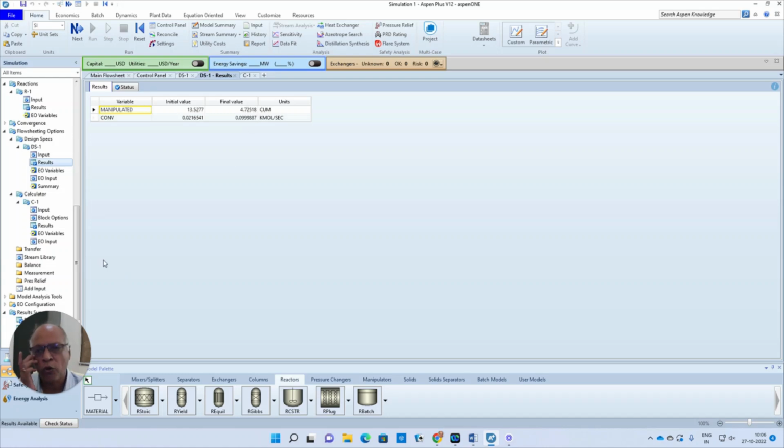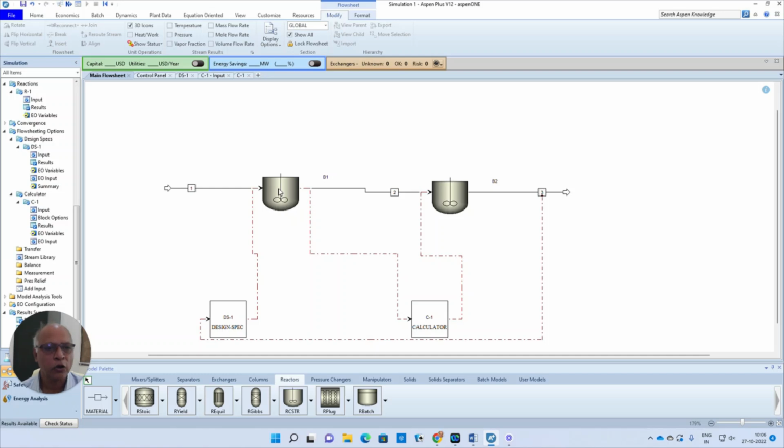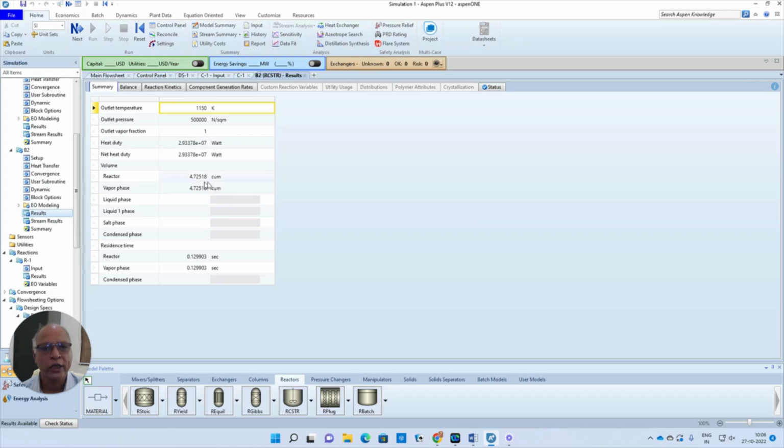And we need to know what is the volume of the second reactor. So let us look at the results. Okay, I will not be able to see here. So we already know the volume of the first reactor. Let us see the volume of the second reactor. So again, you can see it is equal to the volume of the first reactor, which is 4.72518.